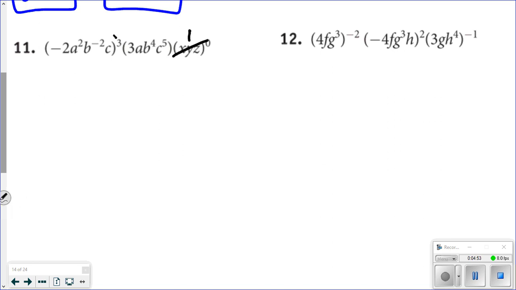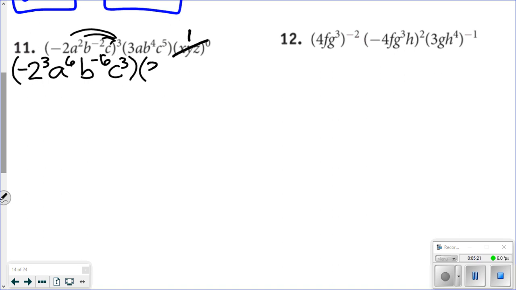Three is distributed to the 2, a squared, b to the negative 2, and the c. 2 times 3 is 6. Negative 2 times 3 is negative 6. And then this is being multiplied by 3a, b to the 4th power, c to the 5th power.